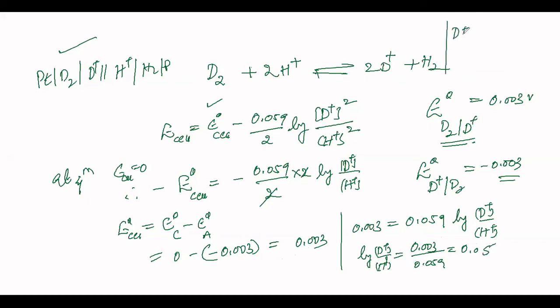Now take the antilog of this. So D plus divided by H plus, that is what they have asked. Antilog of this, shift log here. So otherwise you have to do it as, you can write it as 5 into 10 to the power minus 2. You have to see the antilog for 0.5. That also is possible. Okay.